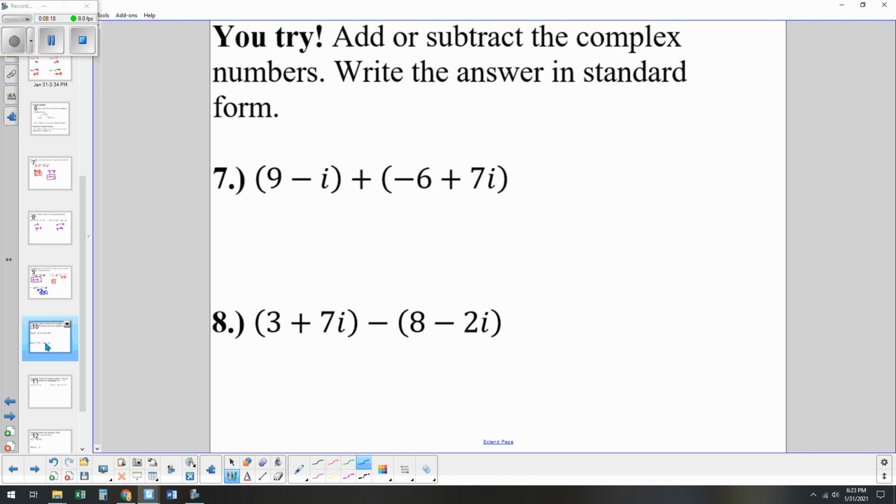So you go ahead, try these two, pause it, and I will show the answer. All right, so we get 3 plus 6i for the first one, and negative 5 plus 9i for the second.